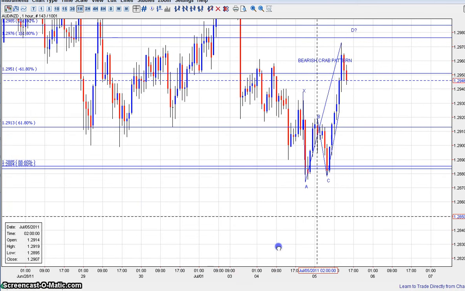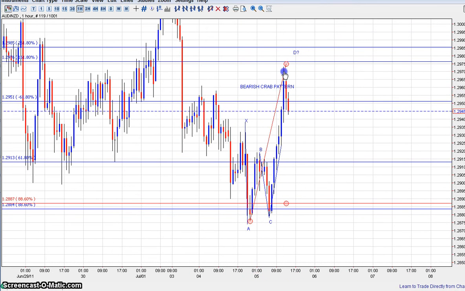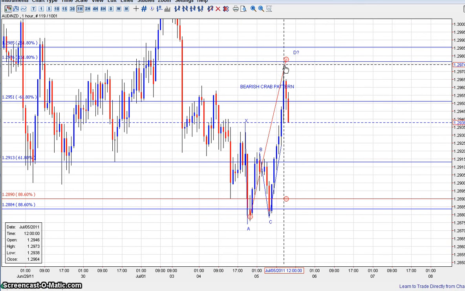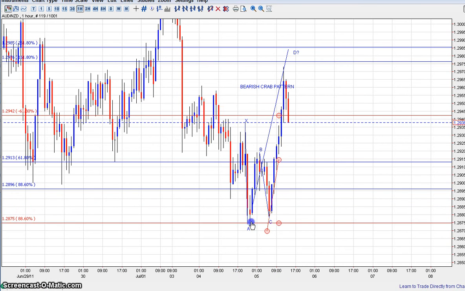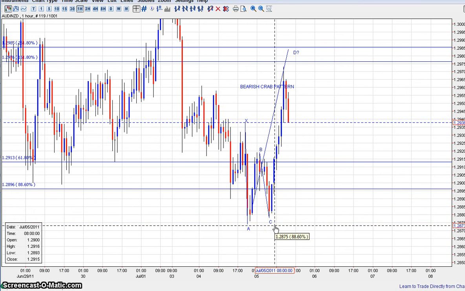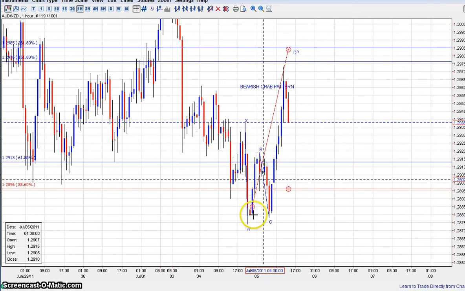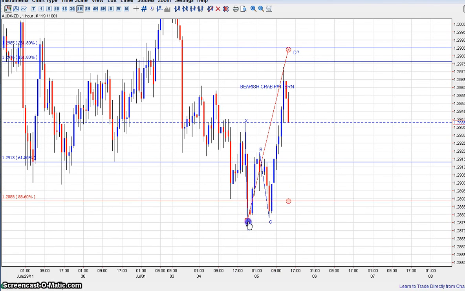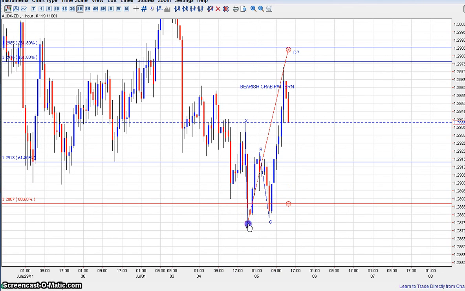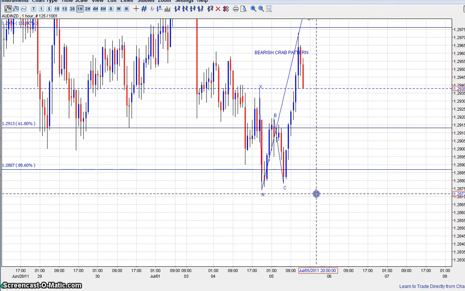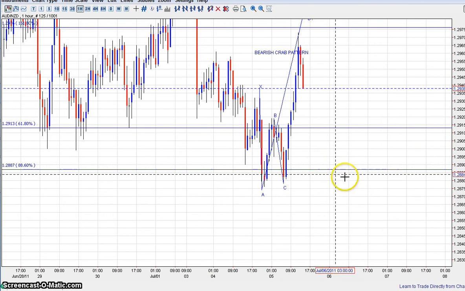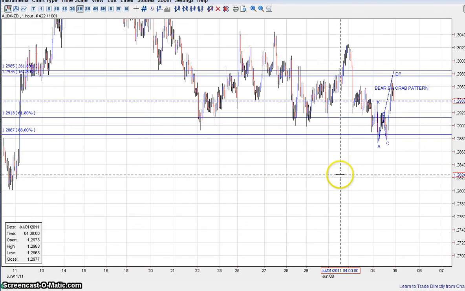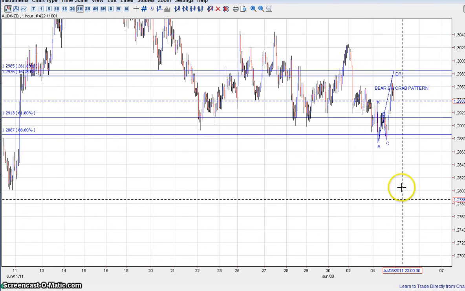Now obviously, if what I'm doing is correct, then price should end somewhere here before reversing. So if I do the 88.6 retracement of that right here, then which will be 128.87. So if price manages to close below 128.87 roughly, then I'll be expecting price to go much further downward.